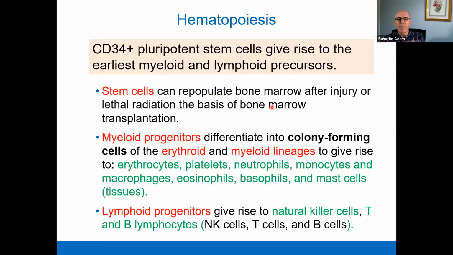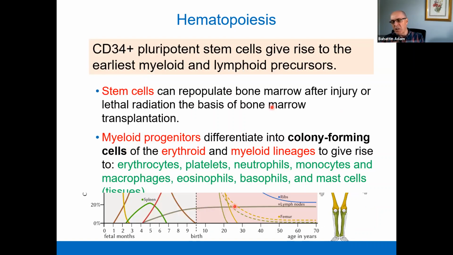Okay, and stem cells can repopulate bone marrow after injury or lethal radiation that we give to some people exposed to radiation for therapeutic purposes. After radiation, after injury, the bone marrow is able to repopulate the stem cells.